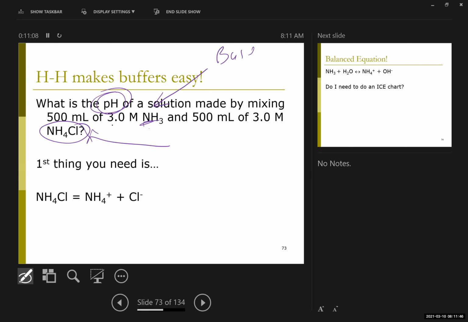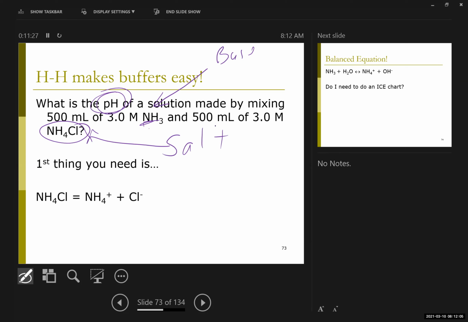Salt. And so again, this is where my mantra comes in: if I have a salt or, quote unquote, ionic compound dissolved in water, it dissociates. So really, even before I do anything, I want to dissociate it because I really don't have ammonia and ammonium chloride.